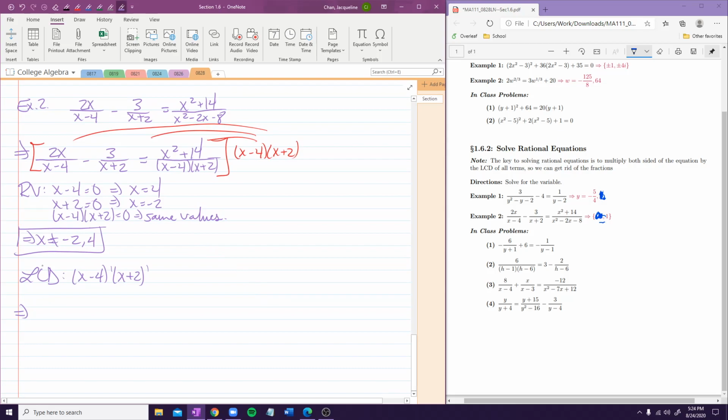Again, I'm going to write everything out so we can easily see what needs to be canceled. Keep in mind when we multiply this, this has to be in parentheses, because it's a group.